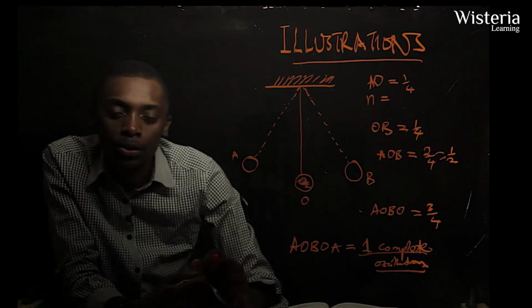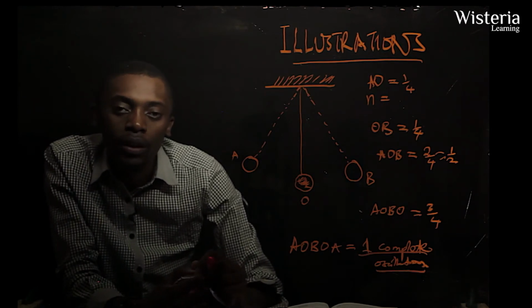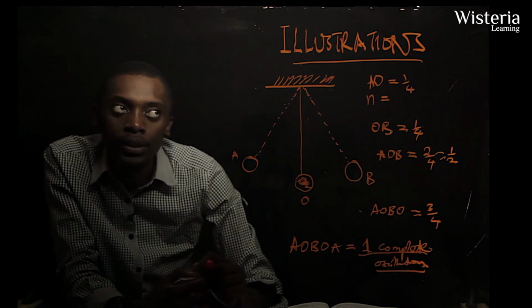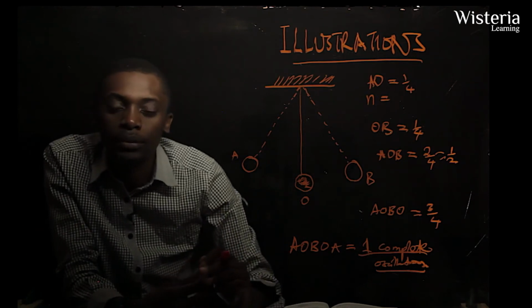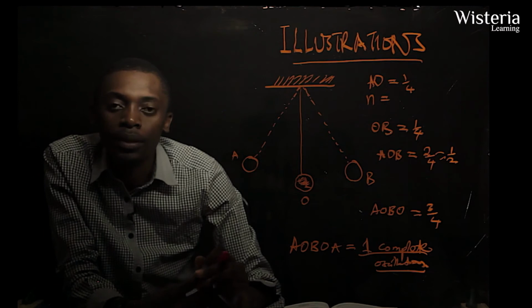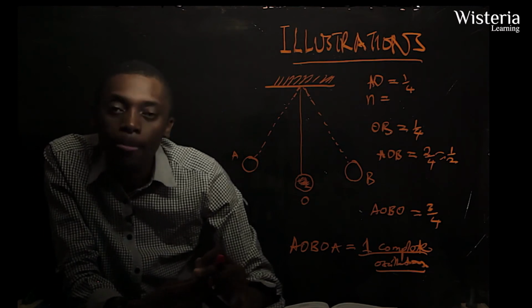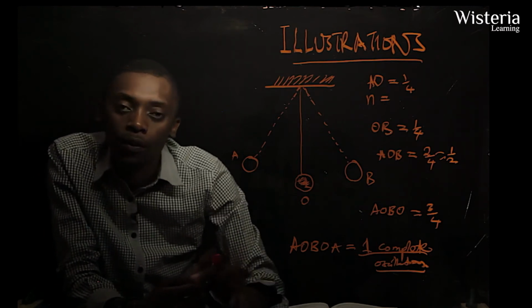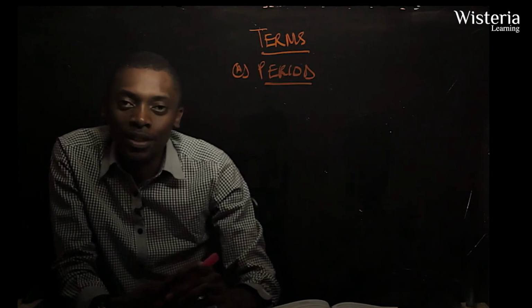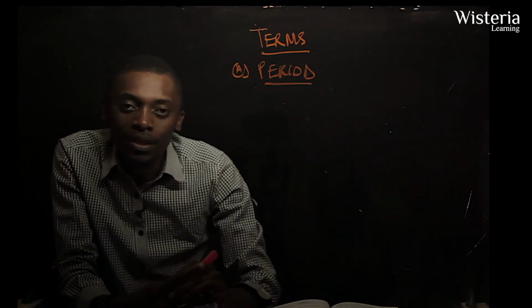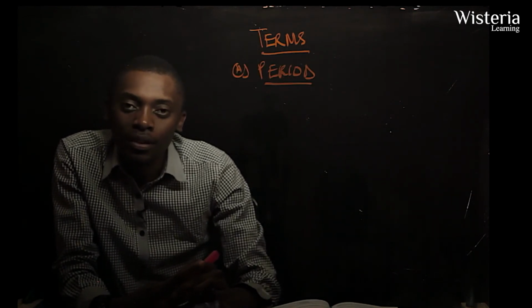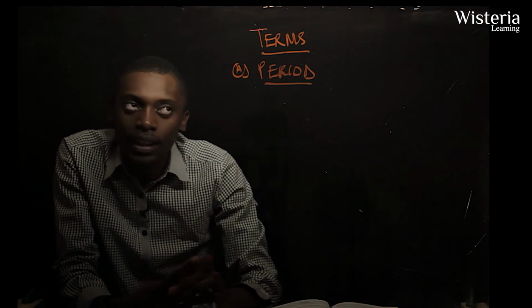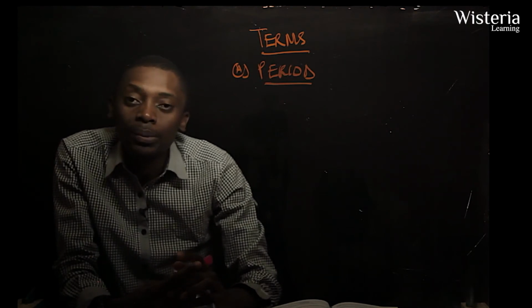Now we're going to look into two terms that are important as we talk about the simple pendulum, and these are the period of a pendulum as well as the frequency of a pendulum. There are two important terms associated with a simple pendulum.